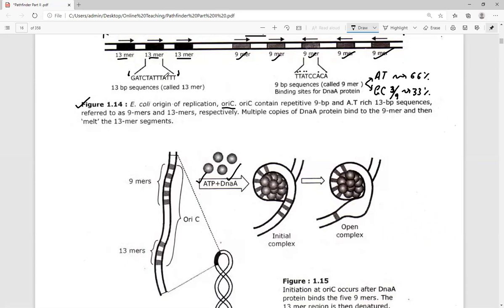Now look here at the 13-mer region: what is the percentage of GC content? There is a single G and a single C out of 1 2 3 4 5 6 7 8 9 10 11 12 13. So the GC content is 2 upon 13, a very low value. The AT content is going to be very high.